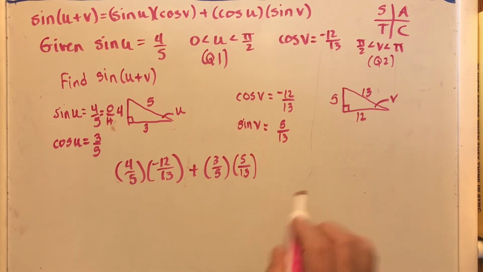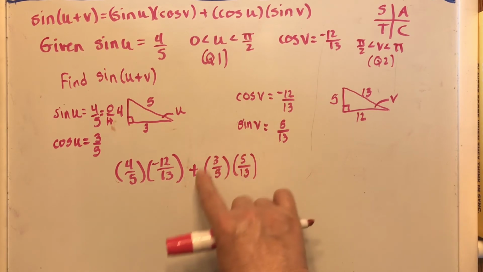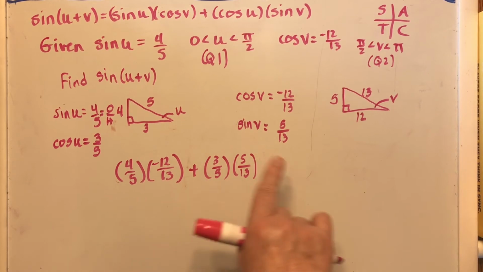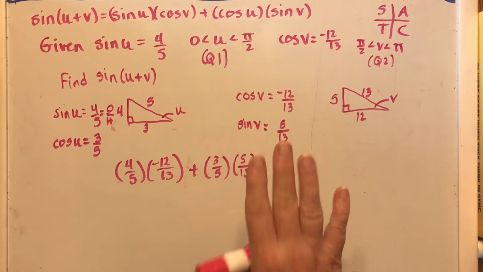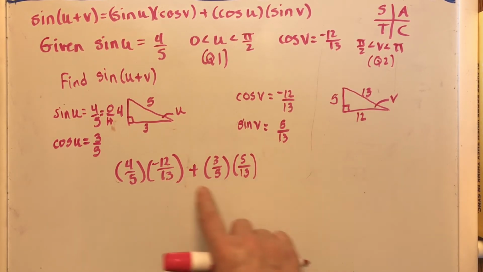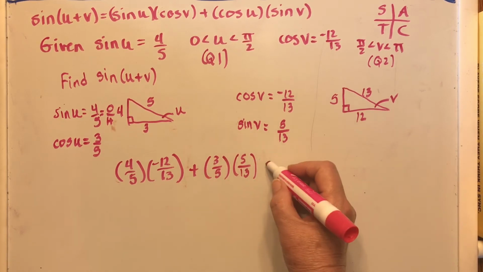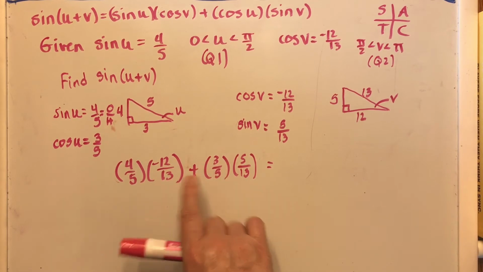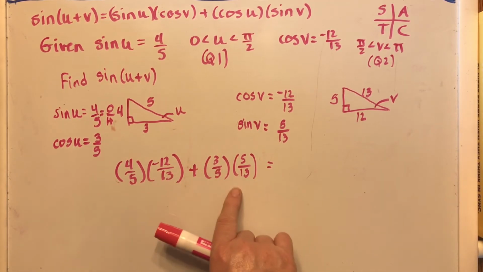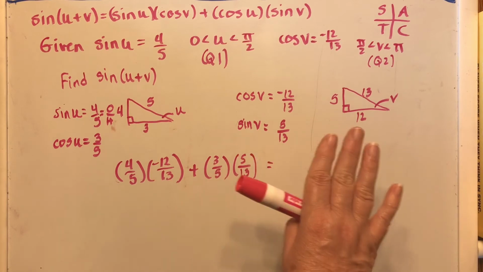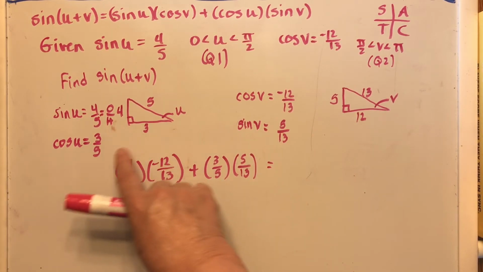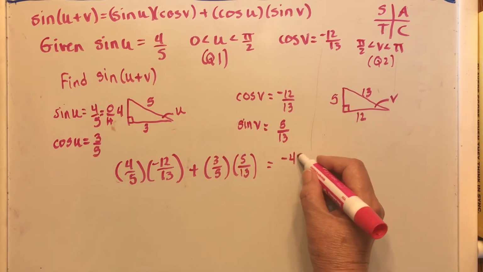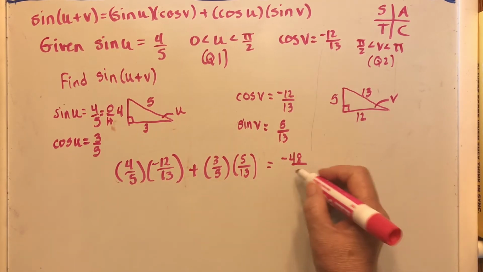And now I have a little warning here. A lot of students are very tempted to do some cross-canceling at this point, and often you would be able to, but it's actually going to be easier for you if you don't do any canceling yet, because we're going to try to add these 2 fractions, and if we don't cancel anything, then we'll already have a common denominator, so we won't have to mess with all that silliness. So when we multiply these, we get negative 48 over 45.